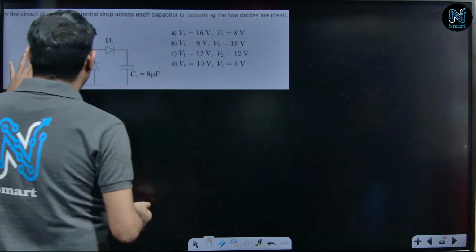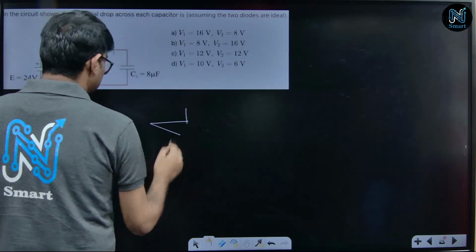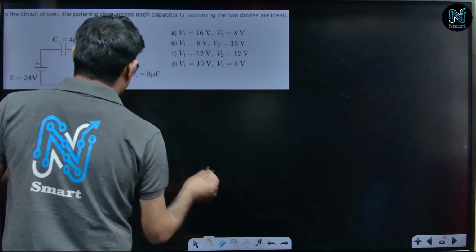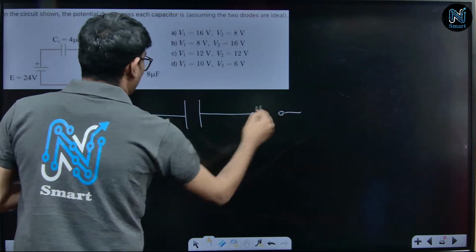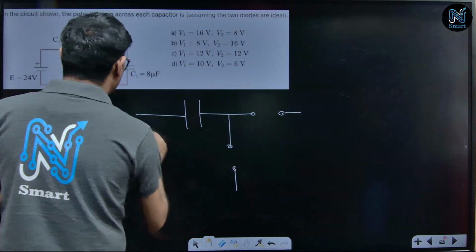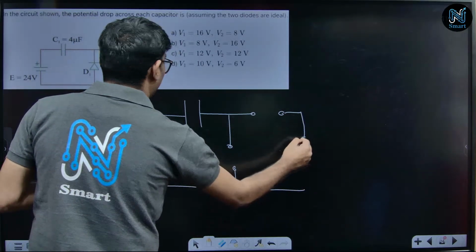So again, if I do not understand how the diode performs, let us first remove those diodes and try to understand the potential difference across them.